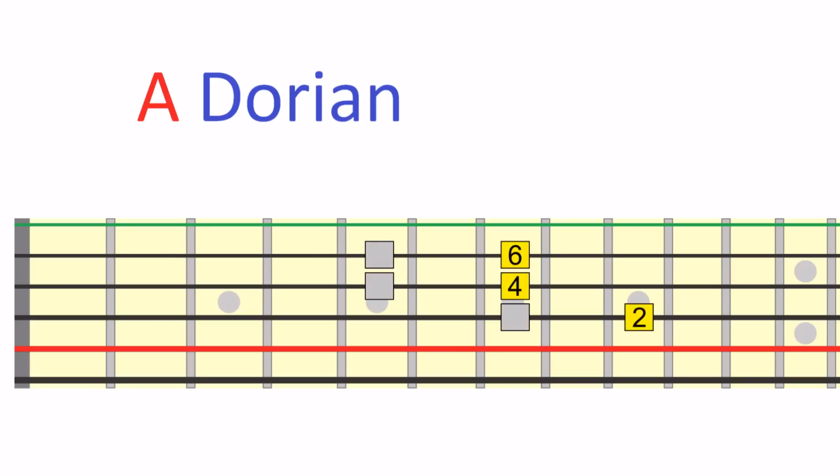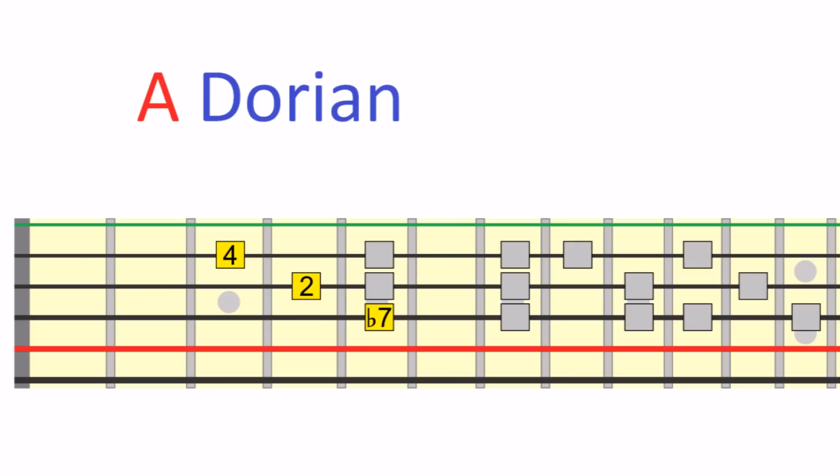We can use exactly the same process we did for Ionian, giving us a roadmap to explore the harmony of this particular mode.